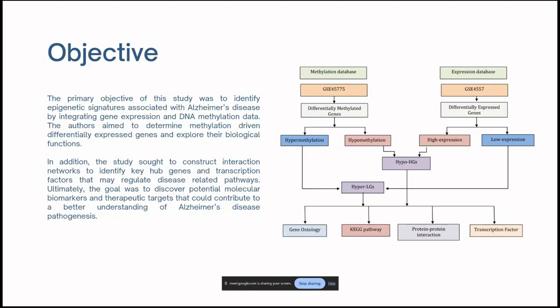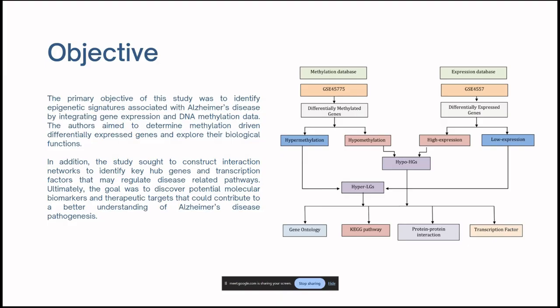Then they found the overlap between differentially expressed genes and differentially methylated genes. These are methylated differentially expressed genes. They categorized these into hypermethylated, low expressed genes, that means hyper-LGs, and hypomethylated, high expressed genes, that means hypo-HGs.